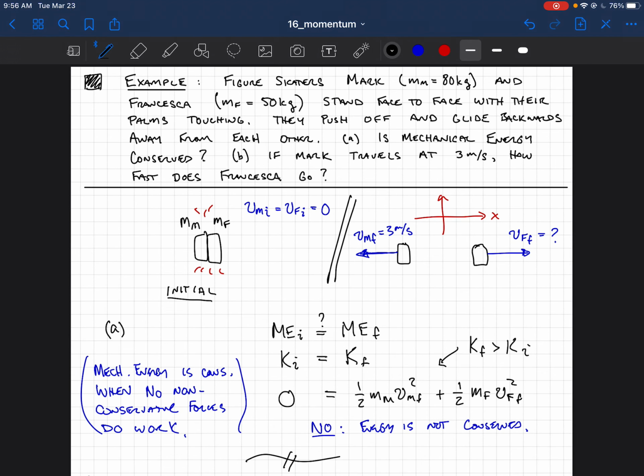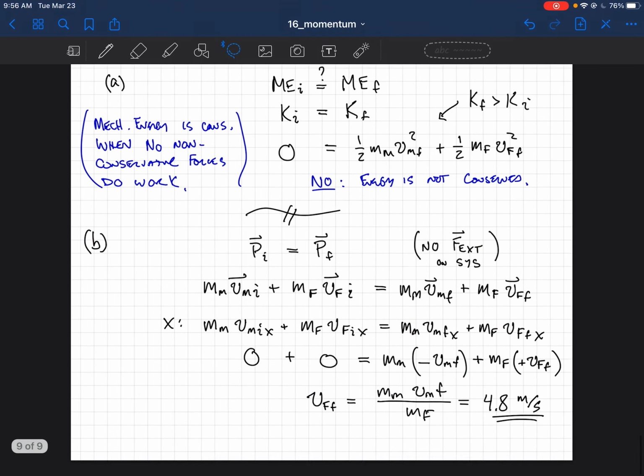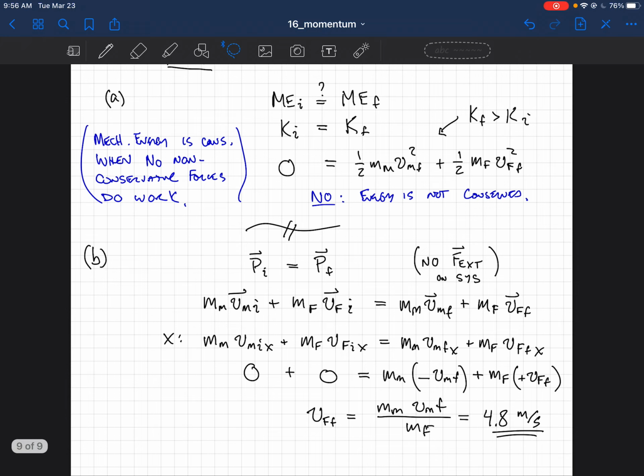So conservation of momentum, conservation of P, which is m times v, means that because Mark has more mass, Francesca will be going faster in order to get their MVs equal. And the reason their MVs are equal in magnitude is because the initial momentum was 0, so the final momentum must add up to 0. Okay, I'll see you next time where we'll talk a little bit more about momentum in terms of collisions.